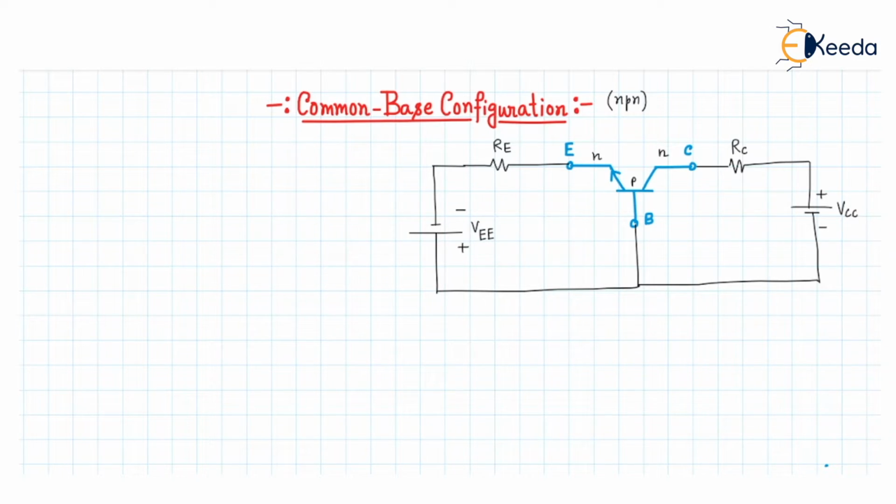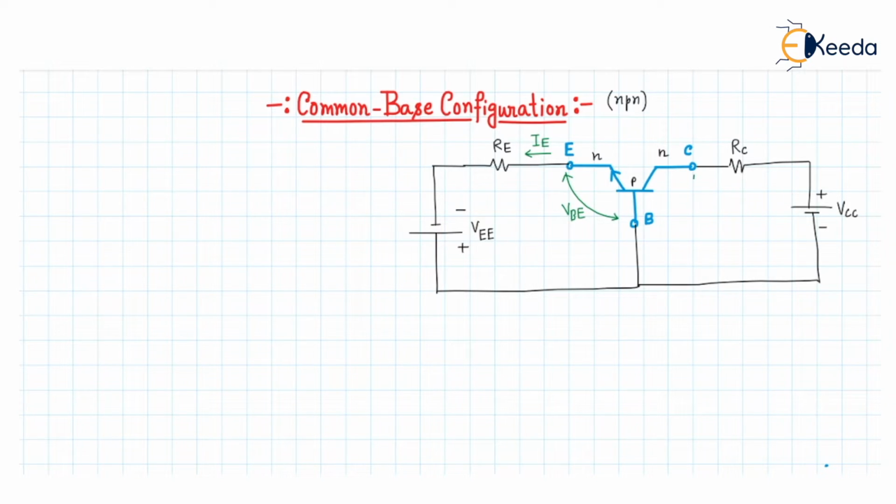So the current that will flow in the input circuit will be the IE current. This is the IE current, and the voltage here will be the VBE potential.